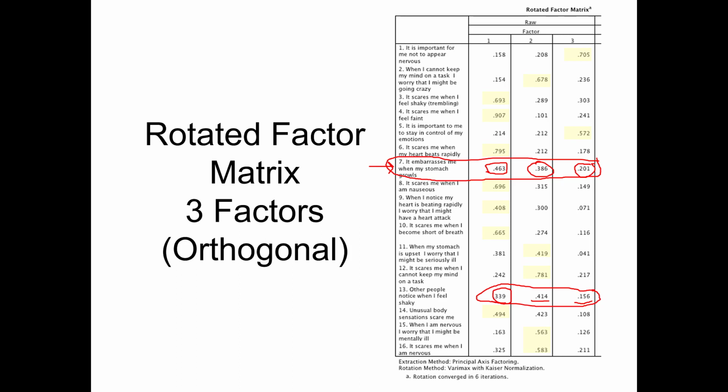And we've got a few items above 0.4, so it's not perfectly what we called simple structure earlier. We don't have simple structure. We've got items that load on 2 factors, and some items that don't load very well on any of the factors. So this is probably what you're going to get in the real world with this type of factor analysis. And we'll go through an example with this as we go.